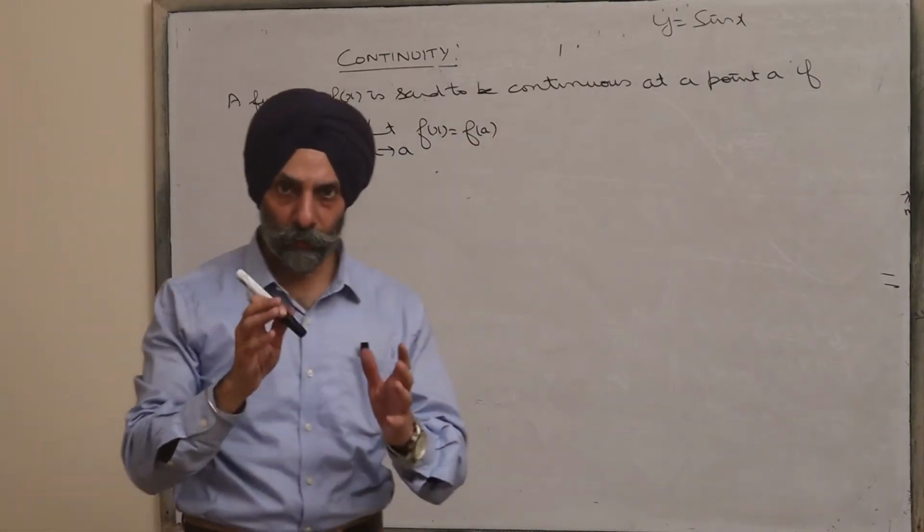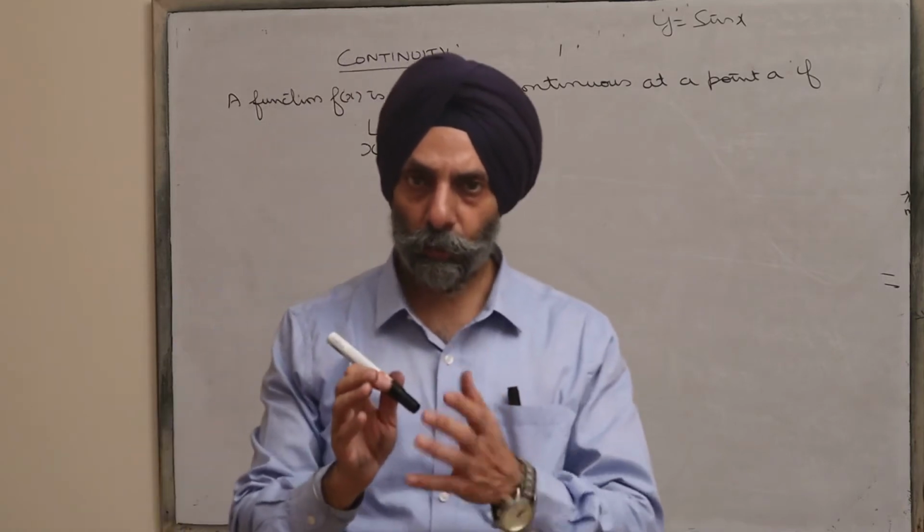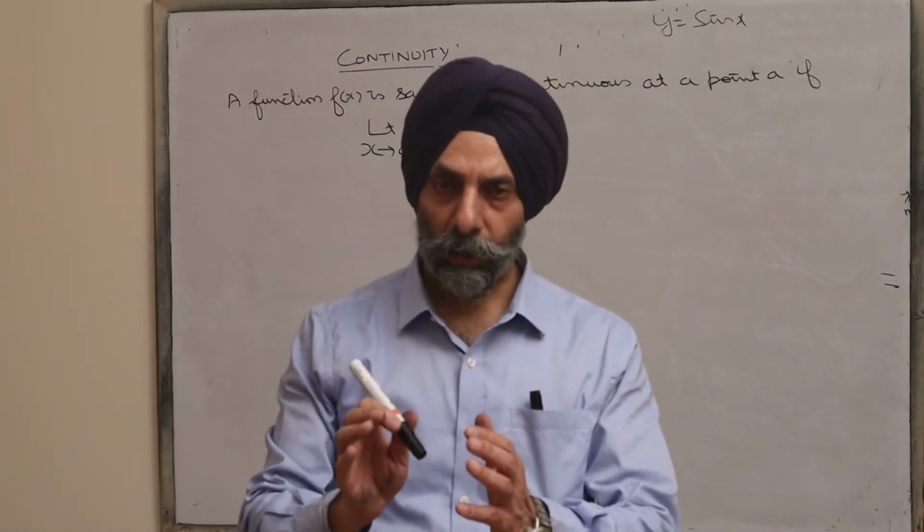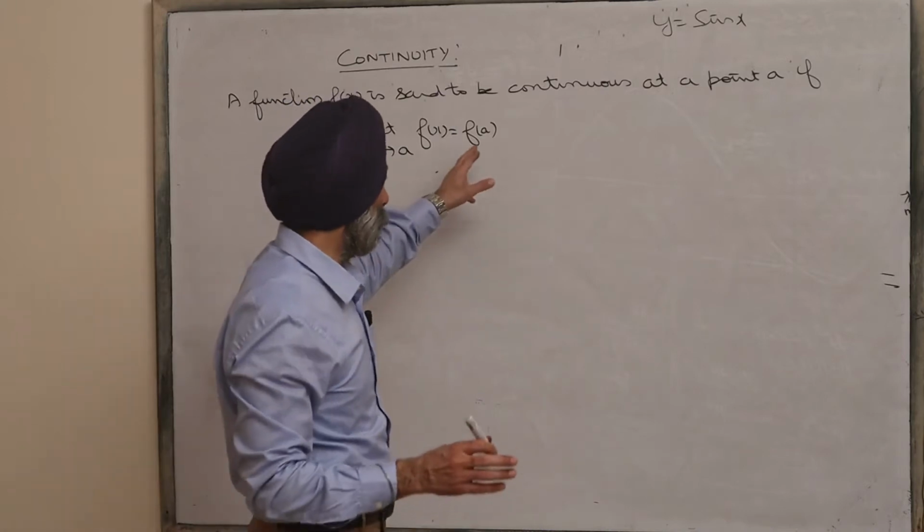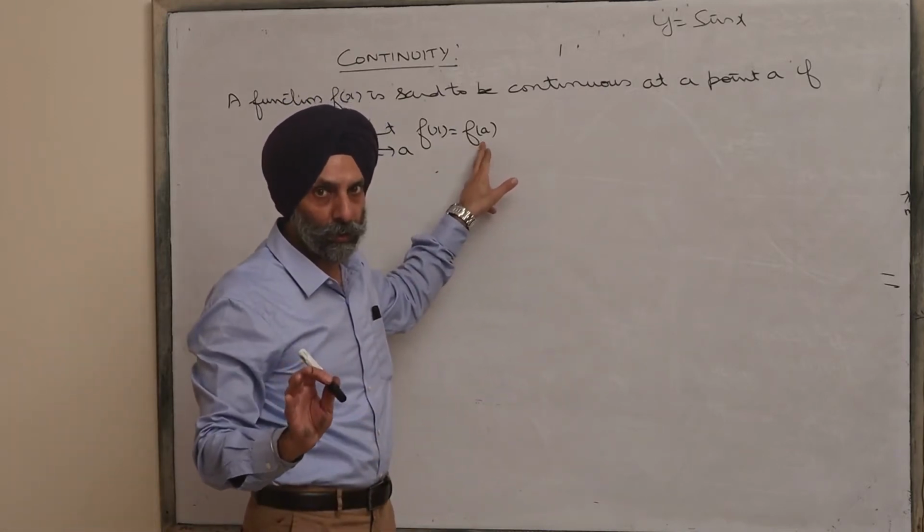That is, if the limiting value of the function at a point is the same as the functional value at the point, then we say that the function is continuous.